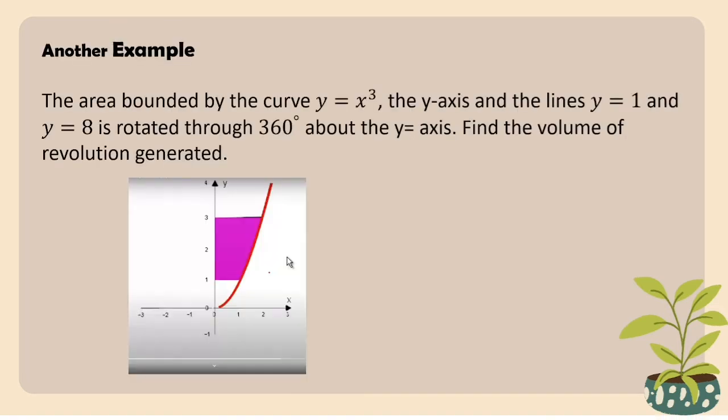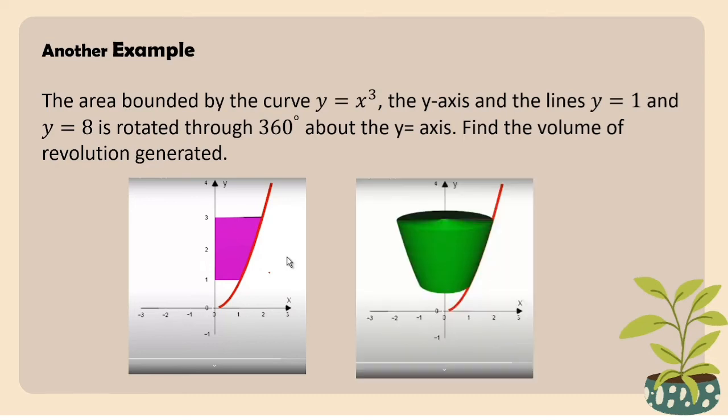Next, another example: the area bounded by the curve y equals x cubed, the y-axis and the lines y equals 1 and y equals 8 is rotated through 360 degrees about the y-axis. So find the volume of the revolution generated. So here is the resulting figure of y equals x cubed, a 2D figure and a 3D figure.